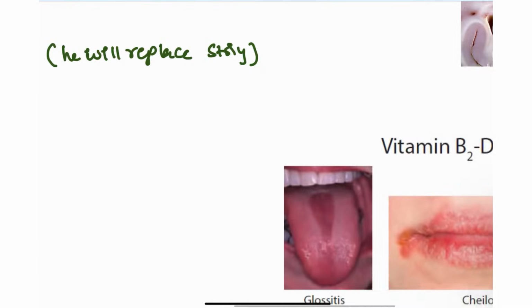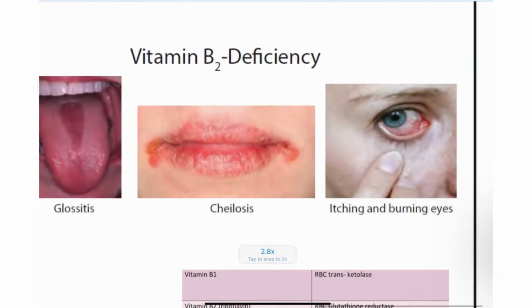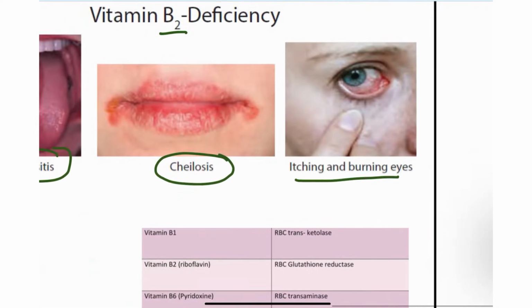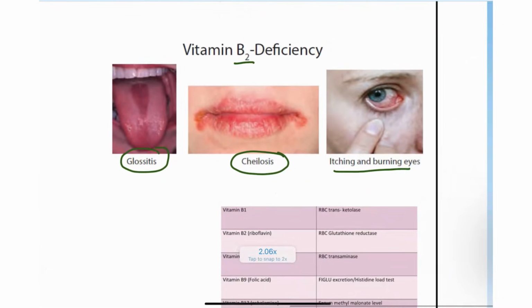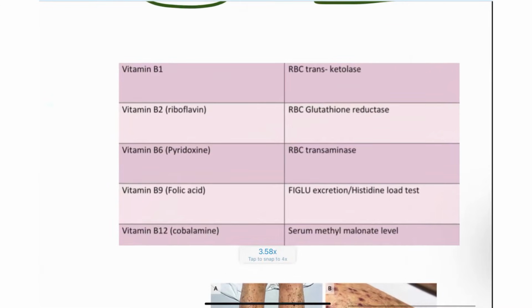All right, next B2. Here you can see this is B2 deficiency. What are the classical symptoms? Glossitis, cheilosis, and itching and burning in the eyes. These are commonly seen with riboflavin deficiency. And next, another picture that you have to remember: what are the tests or assays that we have to do?